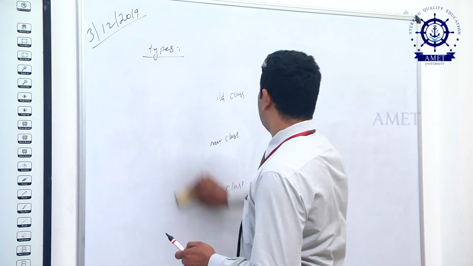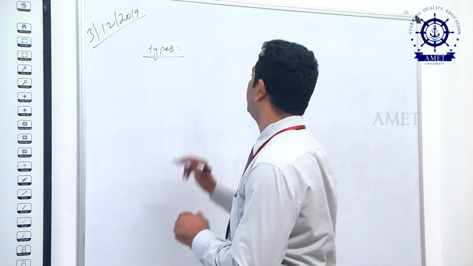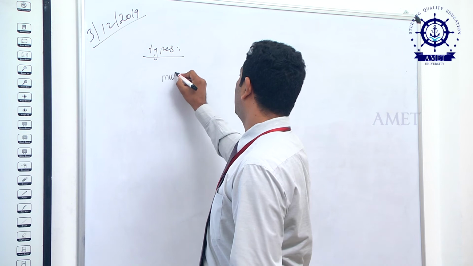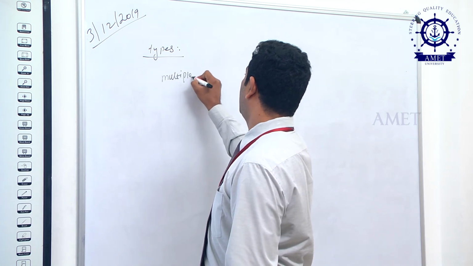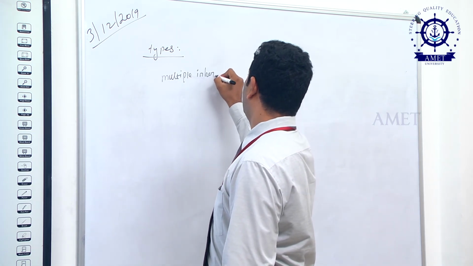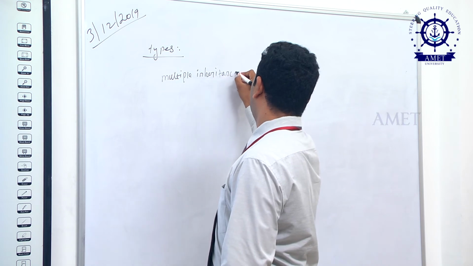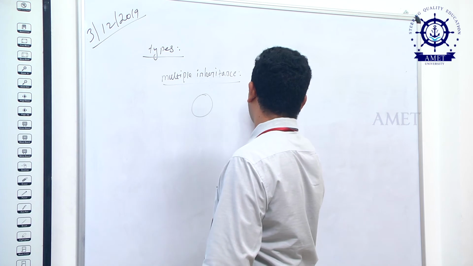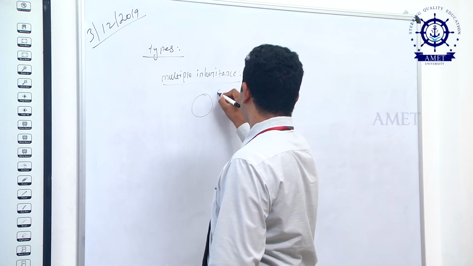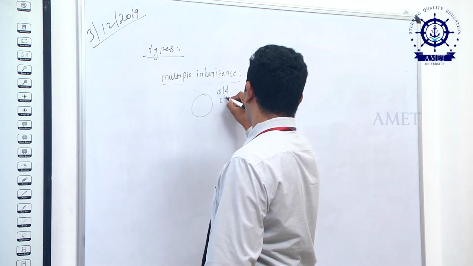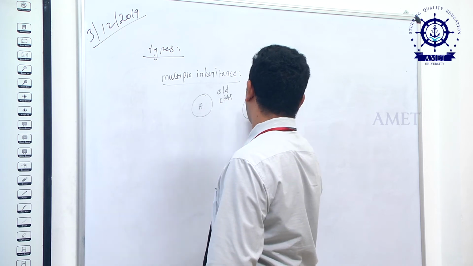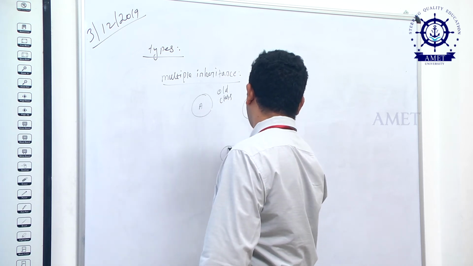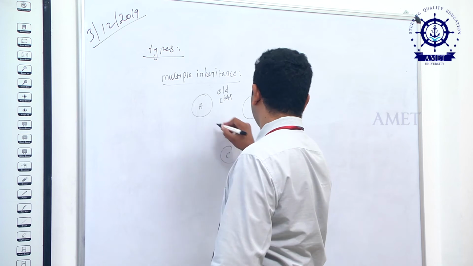The next one is multiple inheritance. Multiple inheritance has two base classes or two old classes, A and B. C is the new derived class.